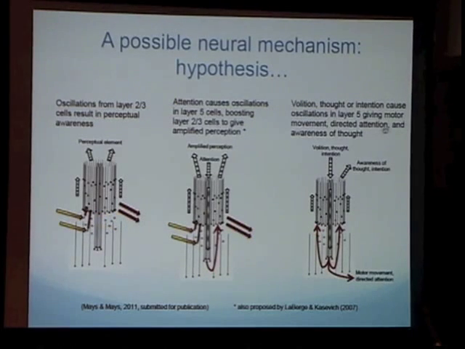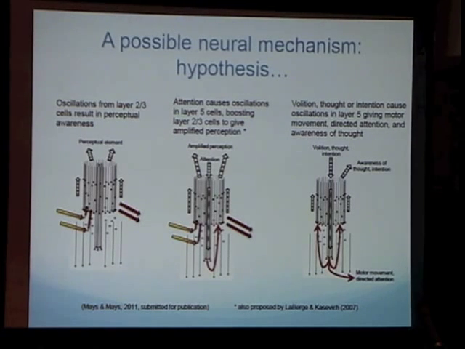And finally, of course, there's the other side. If we have volition, we choose to do something, we think about doing something, we intend to do something, we have a thought, we imagine something, then that could produce, in the right places of the cortex, oscillations in layer 5 pyramidal cells.